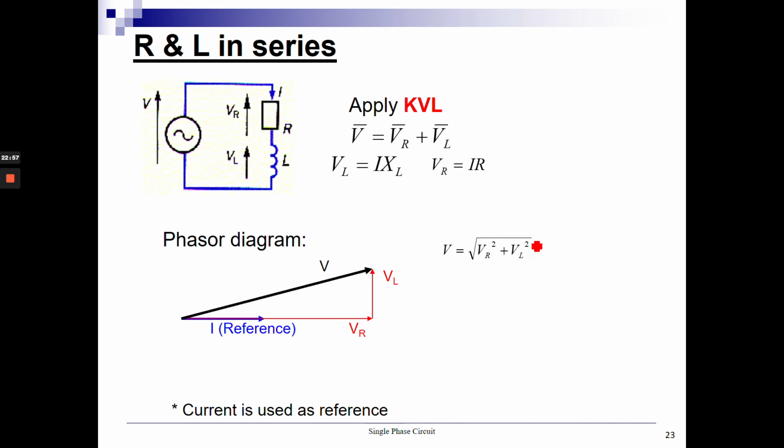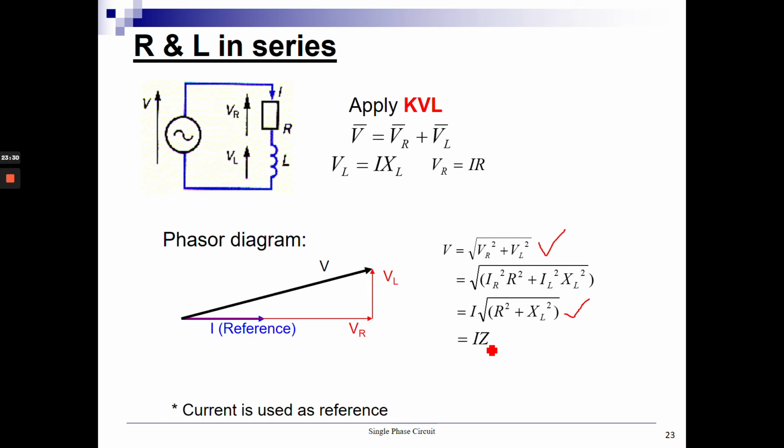Using Pythagoras' theorem, this is your hypotenuse, so you will get this formula. Or you can use Ohm's law, so that's why you will get this formula. And then you rearrange it and it becomes this formula. So finally you will get V equal to I Z.